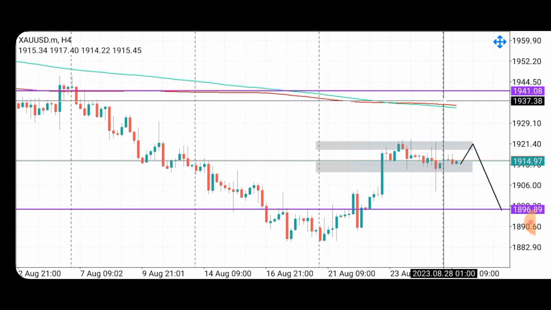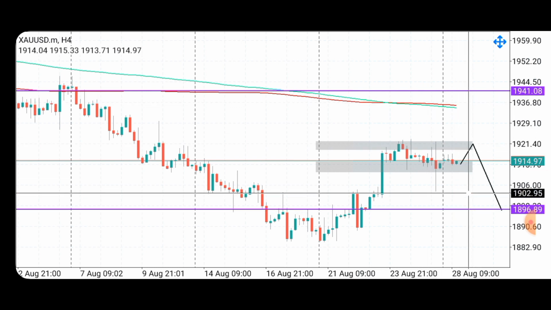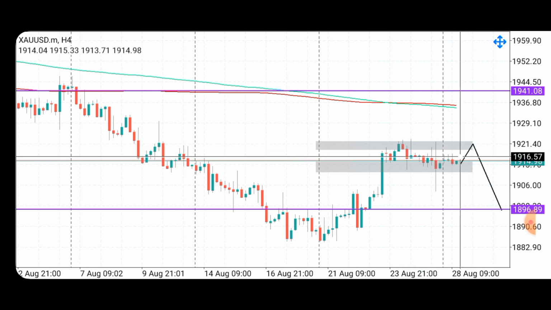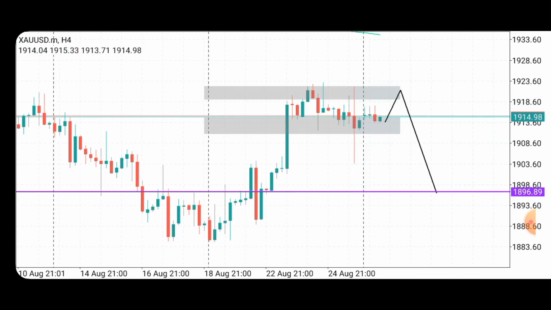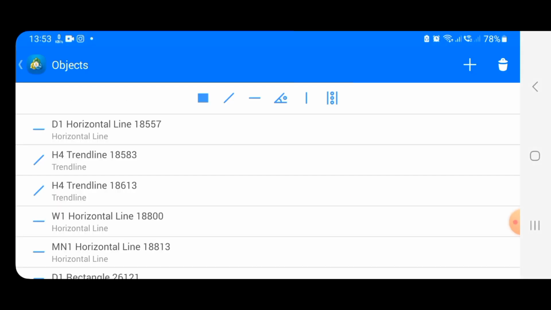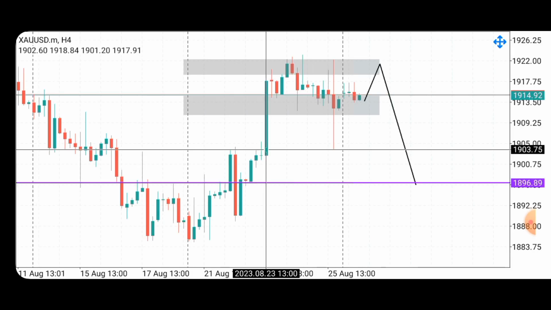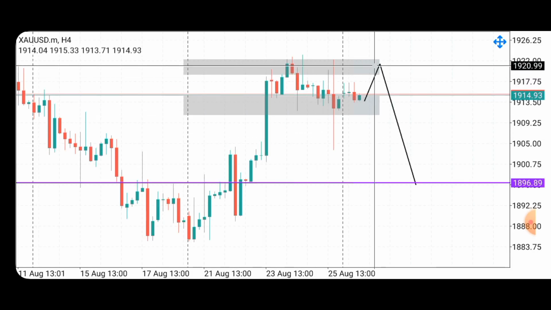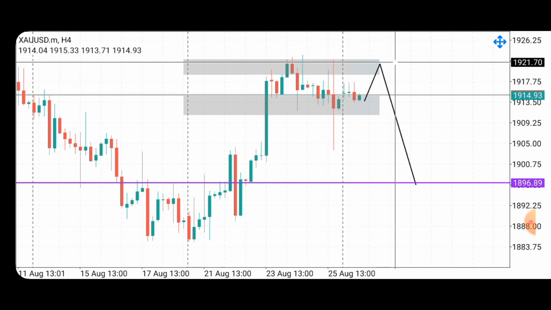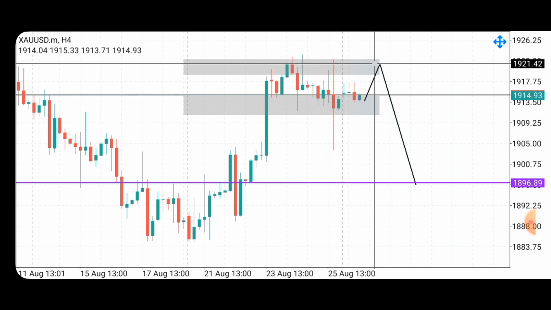Moving average above price, meaning price will continue with the downtrend. Price is on a downtrend. Currently what I'm thinking is that technically we are waiting for price to pull back to test the previous zone so that we can sell or take short orders from the high. We sell high, we buy low. So if the price comes there, I'll be interested in taking the sell orders.